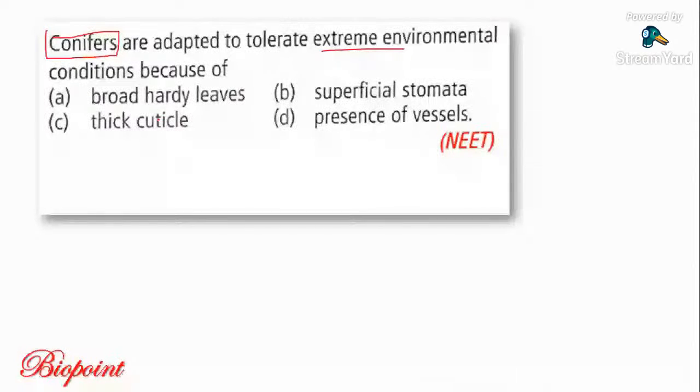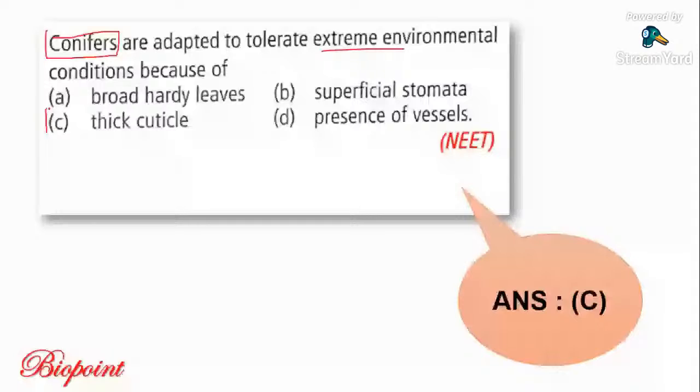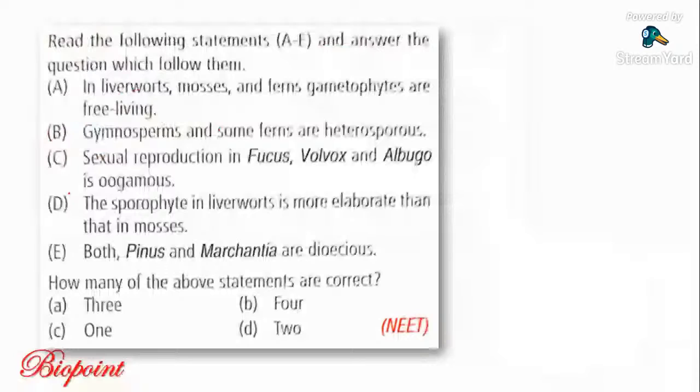The correct answer for the question is option number C. Conifers are adapted to tolerate extreme habitat conditions because of the presence of a thick cuticle. Yes, it is unbranched in Cycas and branched in Cedrus. Clear? I think it's there in the NCERT itself.